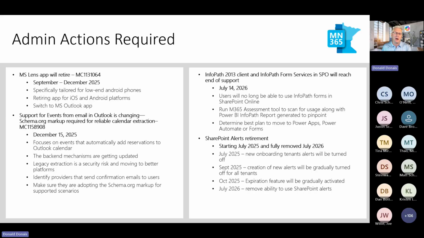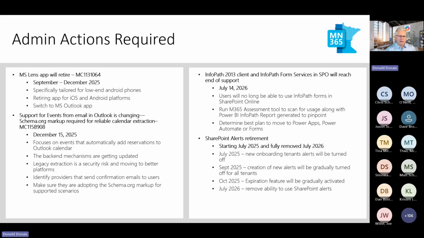They're upgrading the backend to use this whole schema.org markup, right? So if you have third-party vendors that do that as part of your internal travel arrangements, double check, make sure that they know that this change is happening and we're utilizing this industry standard schema.org markup to make sure that the calendar extraction is actually happening appropriately.